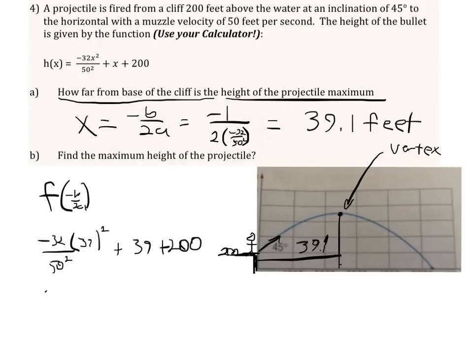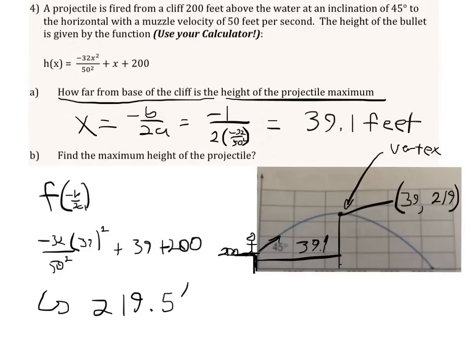And when you work that all out, you end up with 219.5 feet. So our vertex then, which is really what we ended up asking for, was 39, 219, or 220, however you want to round it.